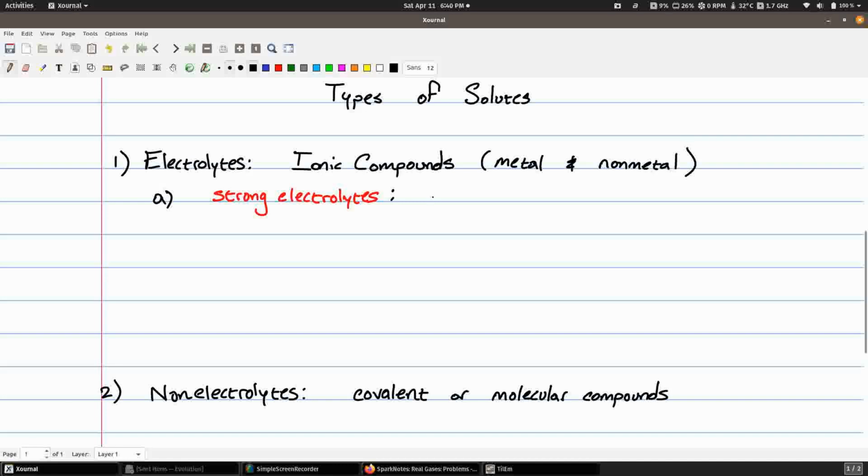It is a soluble ionic compound and dissociates completely in water. Sorry, my pen's acting up.